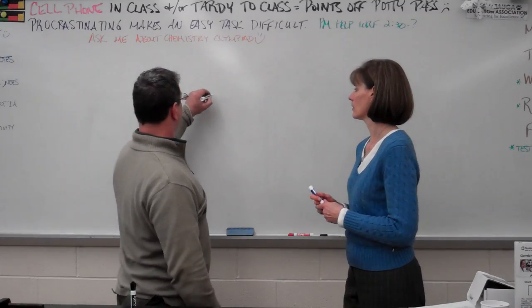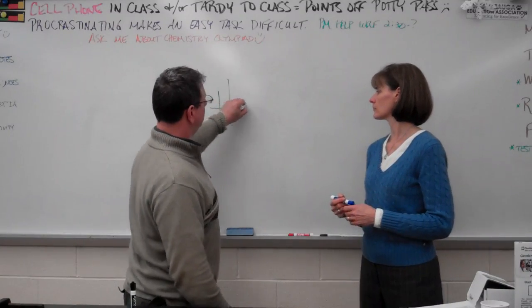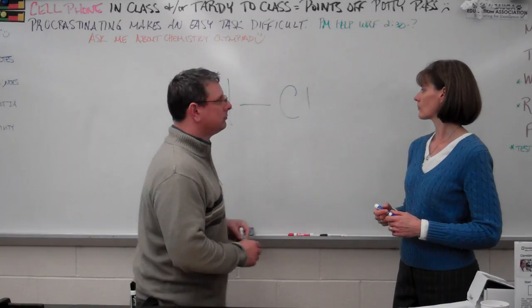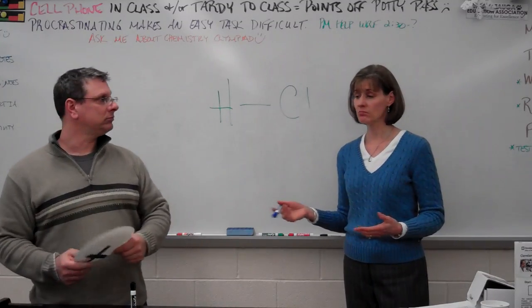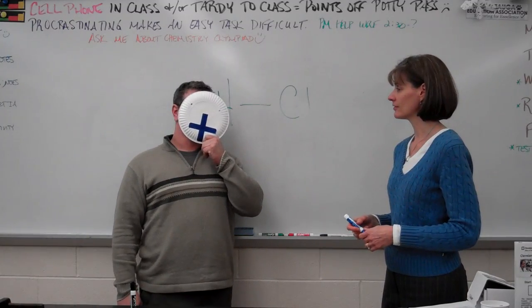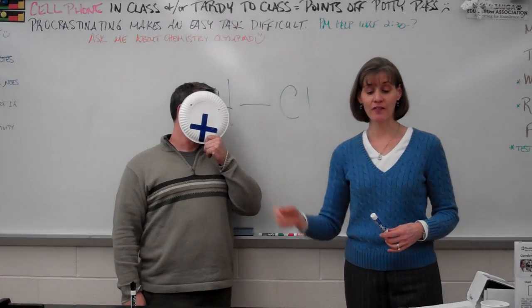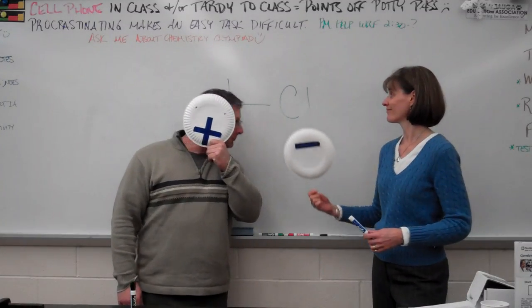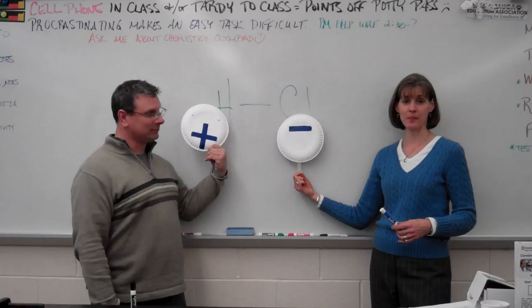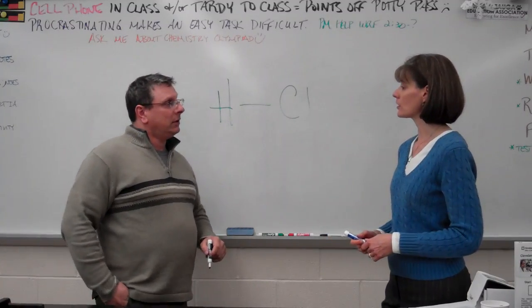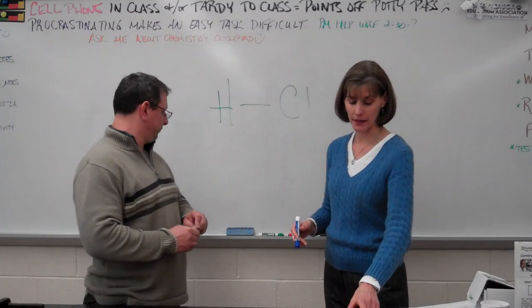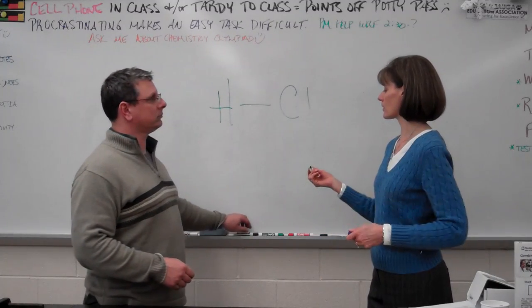Say we have HCl, okay? Is that polar? Not polar? You have a positive end and a negative end of this molecule. Great simulations that we showed you, by the way. And this would be a polar bond, but we need to compare it to something else.